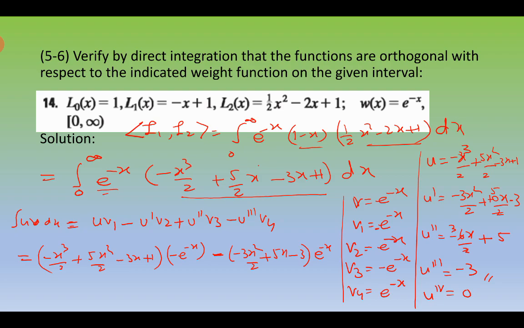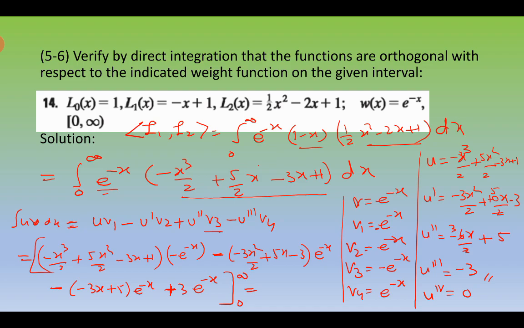Next, plus u double dash and v3 is negative, so this is negative, minus 3x plus 5 into e power minus x. Finally negative. Third derivative is negative 3, so it will be positive 3 e power minus x positive, all from 0 to infinity. Can you check how the answer is going to be 0?